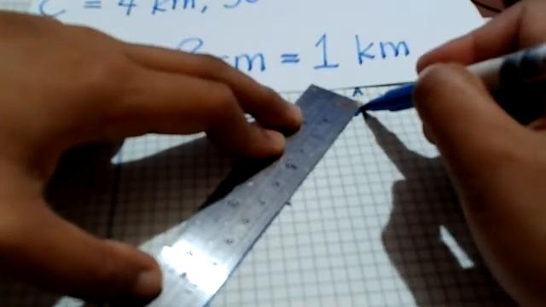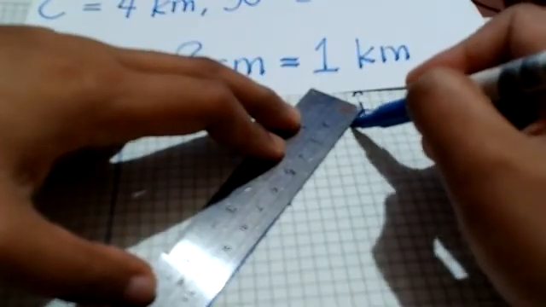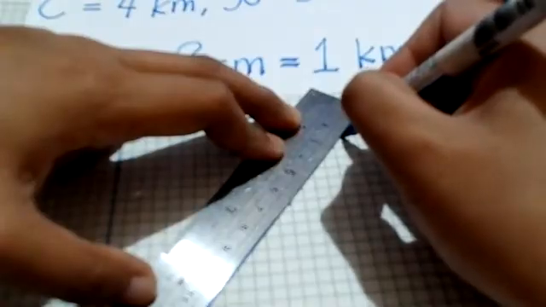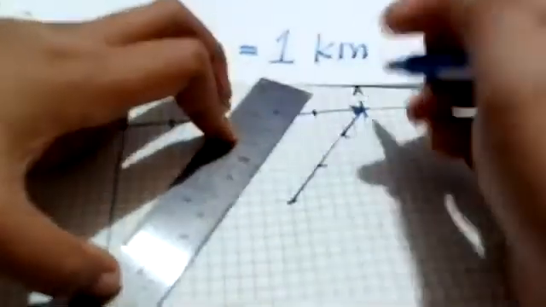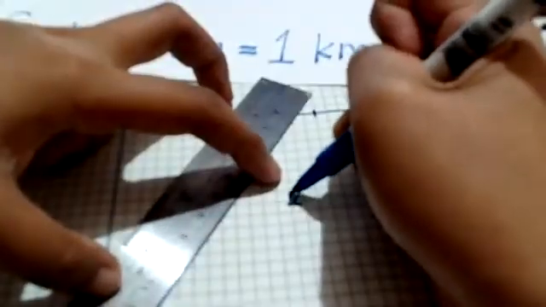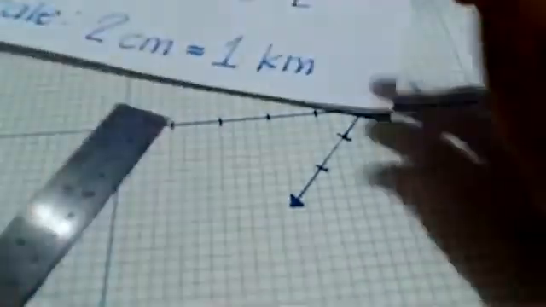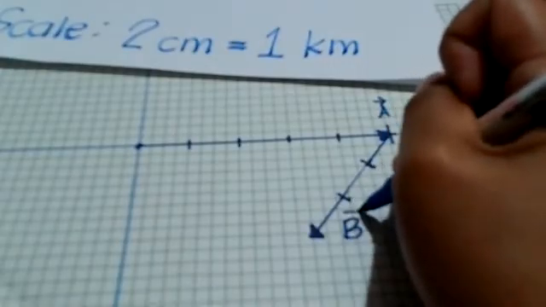I have here 1 kilometer, 2, and then 3. Oh, exactly. So that's 1, 2, and 3. So this is now vector B.